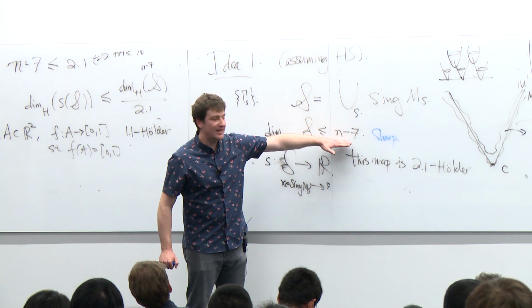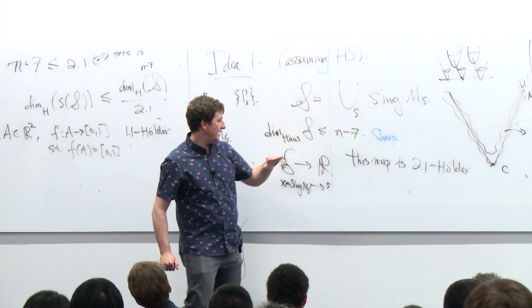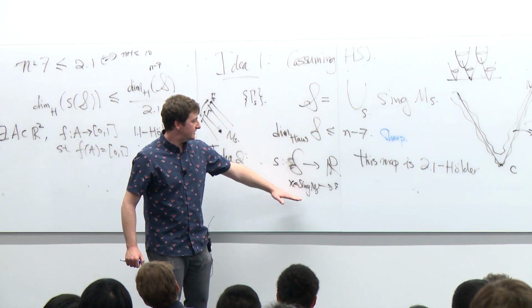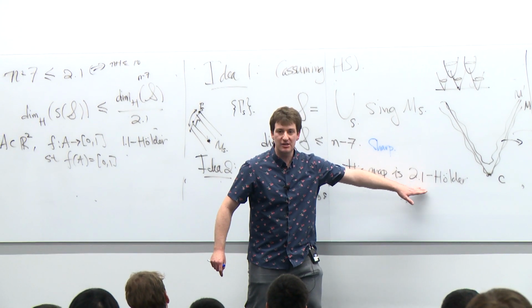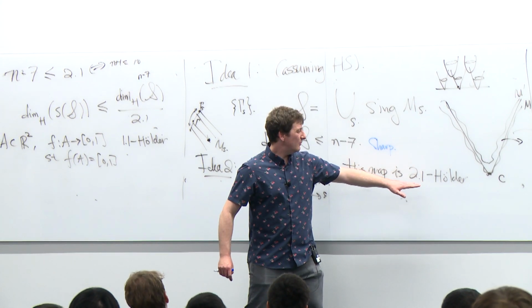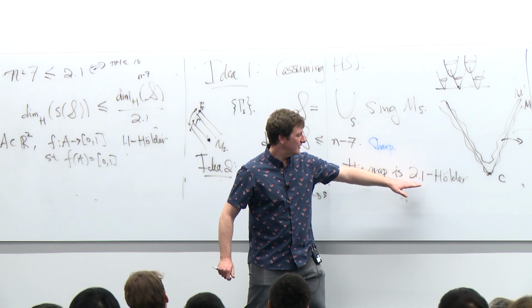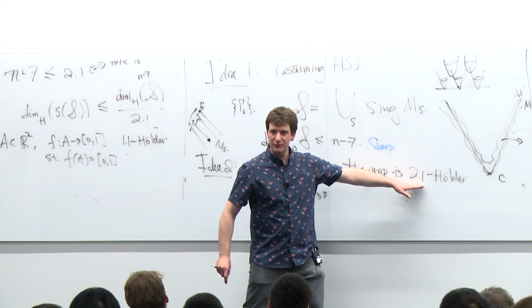So you expect this to be sharp. And this estimate, if you replace 2.1 with a number less than 3, this is also sharp. Well, sorry, so it's possible you could improve this.